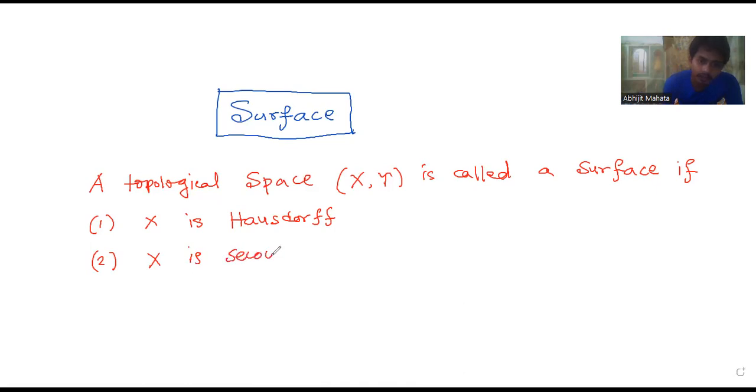Second countable means basically it has a countable basis. Although Hausdorff implies there are infinitely many open sets, second countable guarantees that we can control those infinitely many open sets. So that is second countable.